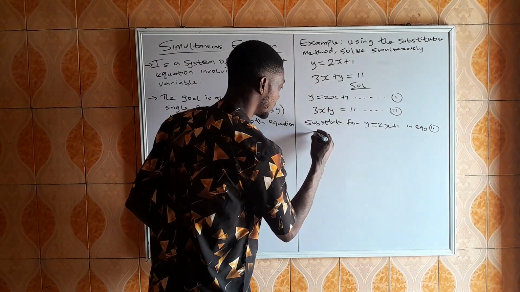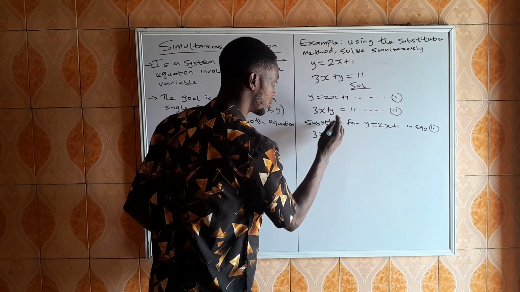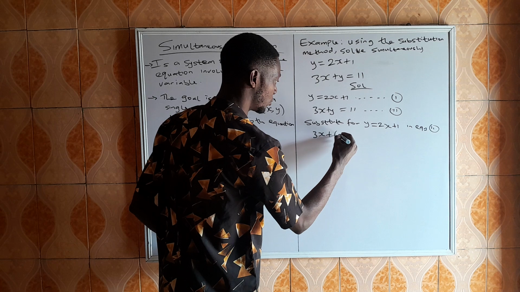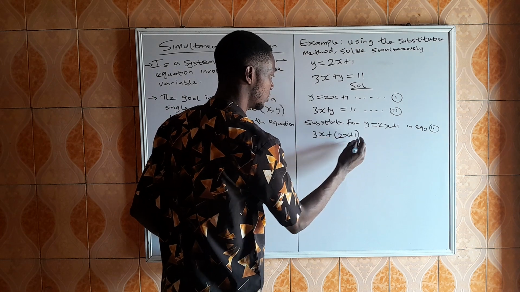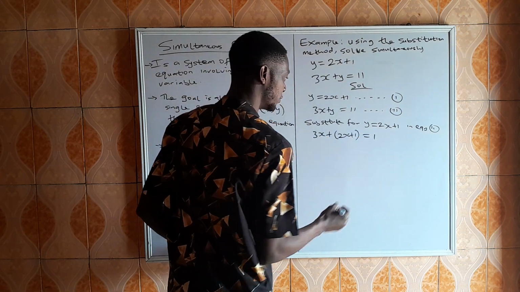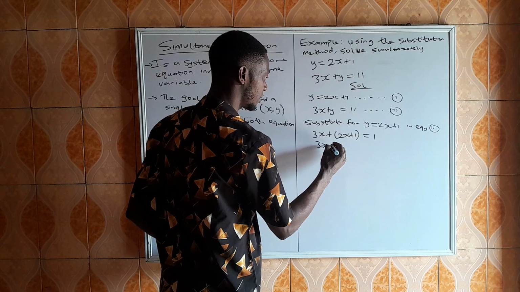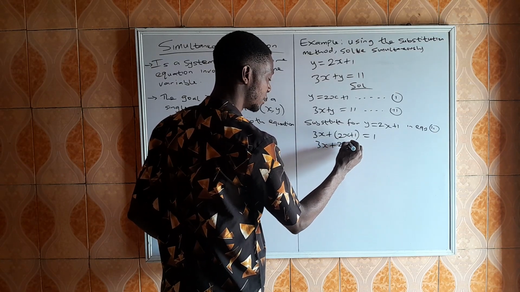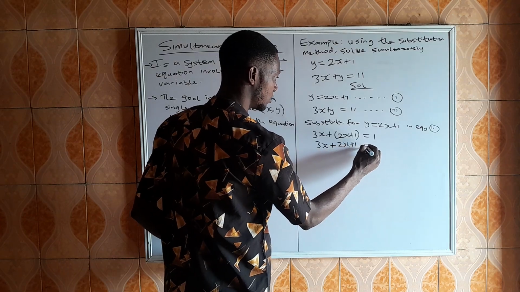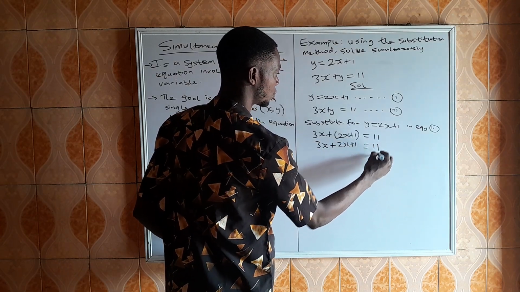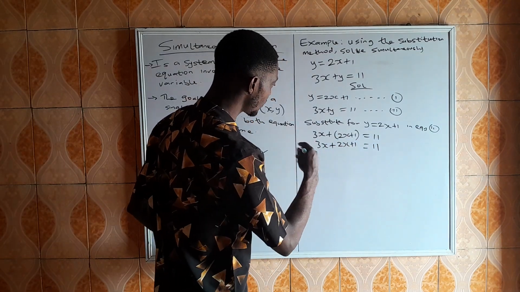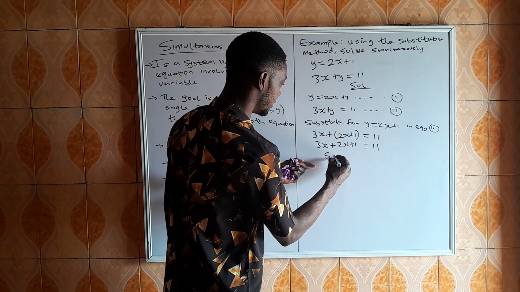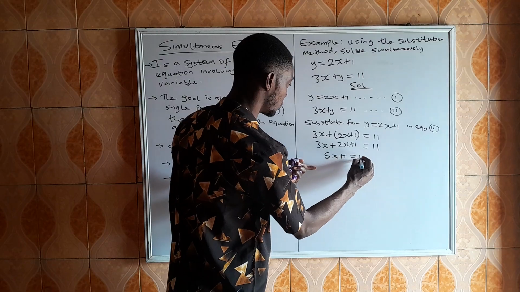So you have 3x plus y, and from equation 1, y equals 2x plus 1, so this is our y, then equals 11. So you have 3x, and when you open the bracket, plus 2x plus 1 equals 11. So from here, 3x plus 2x will give you 5x plus 1 equals 11.